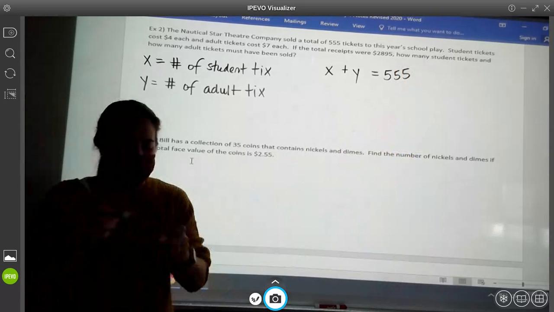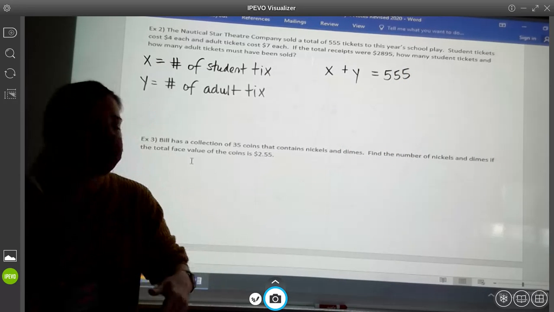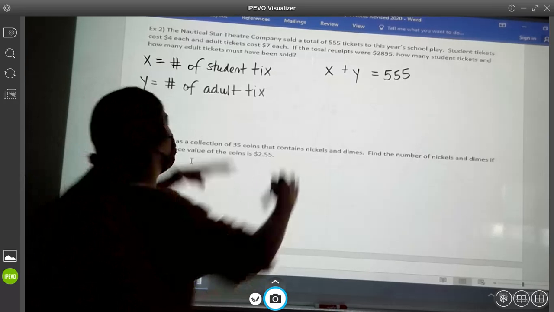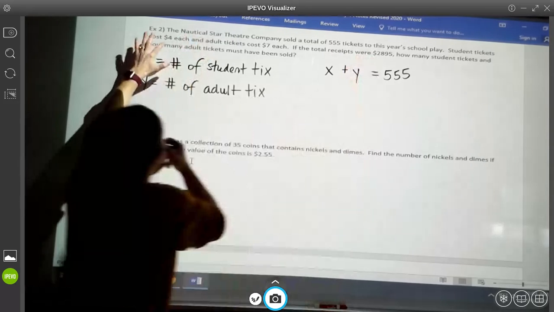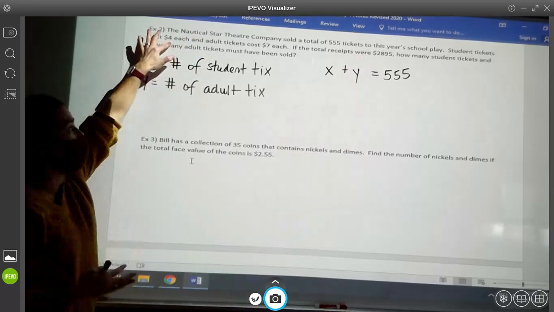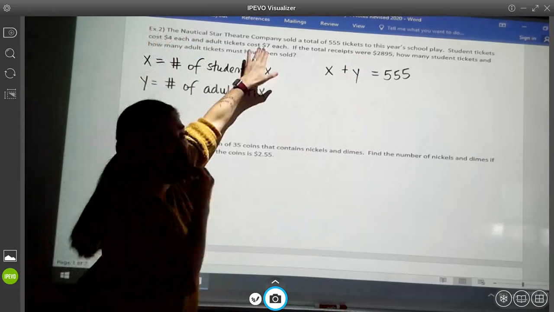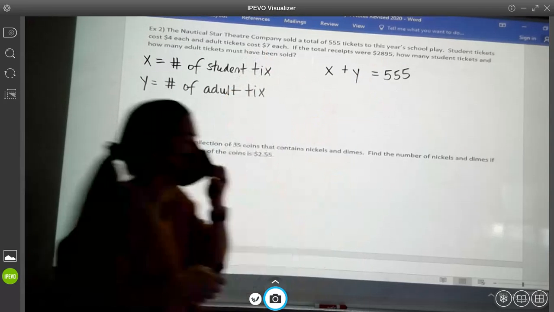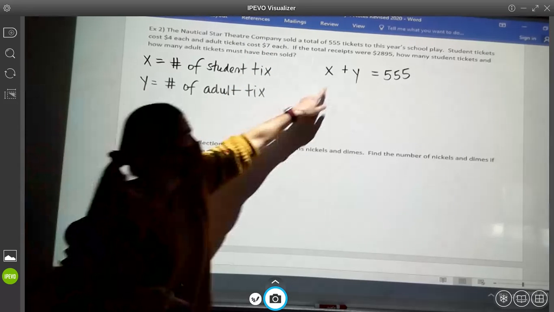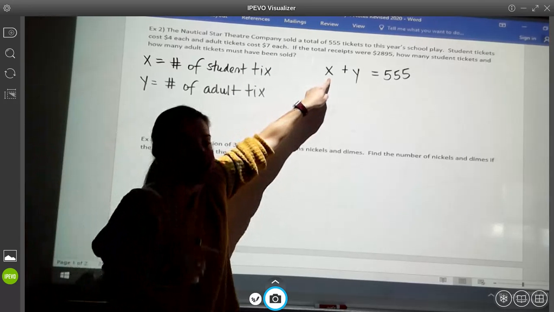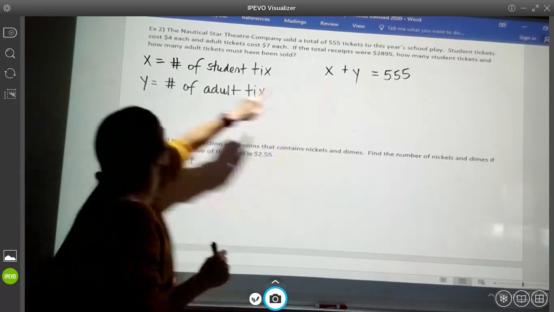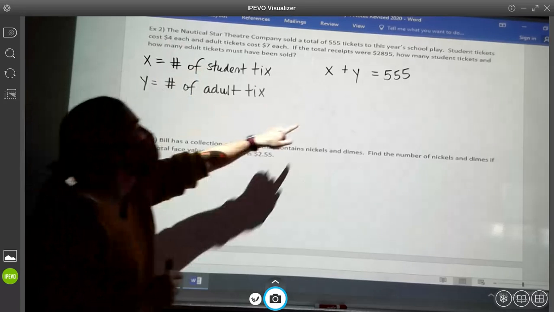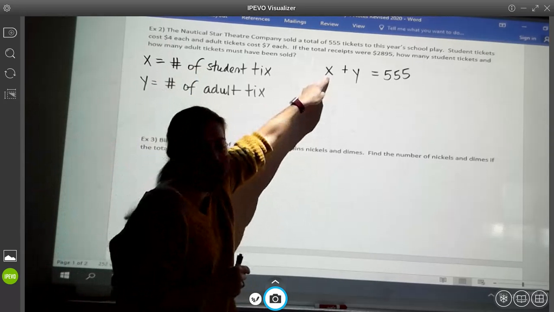Now, the second equation. The other information they talk about is the money. Each student ticket costs $4, and each adult ticket costs $7, and they made a total of $2,895. So guys, this is how many student tickets were sold. Each one of those tickets sold for $4 apiece. So that's $4 per X, $4 per student ticket.